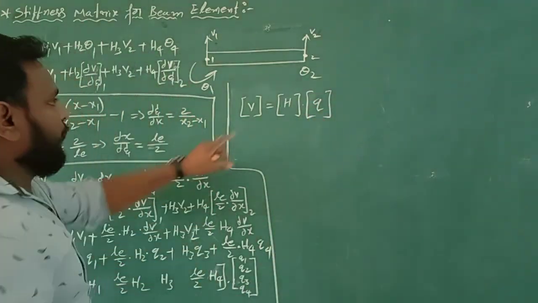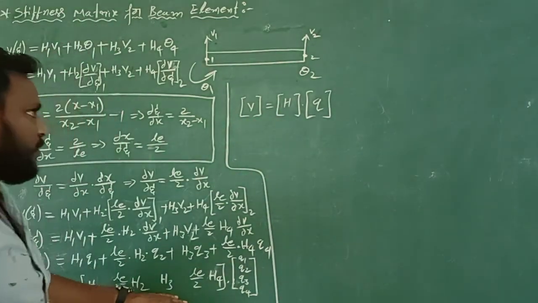Okay, it is like V is equal to H into Q, that is Hermitian function into Q.